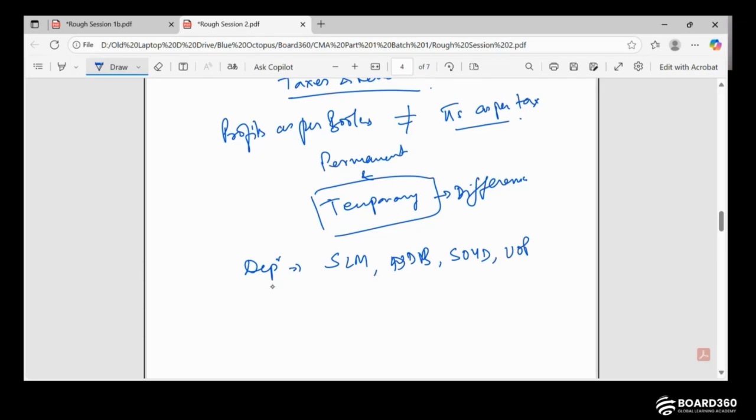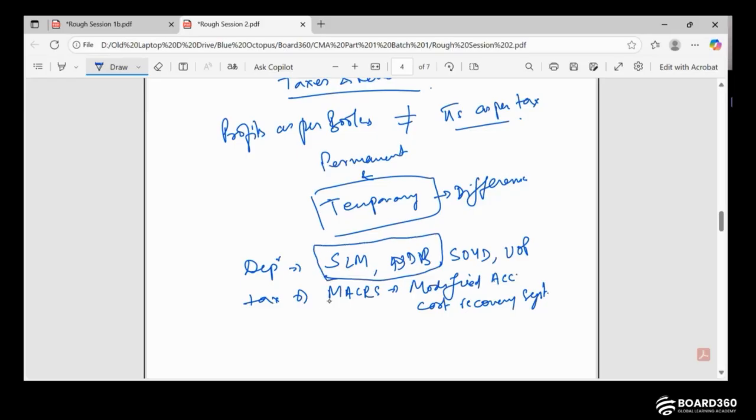Whereas under tax provision, there is only one, which is MACRS, which is Modified Accelerated Cost Recovery System, which is a combination of straight line method and double declining balance method. So, what will happen?